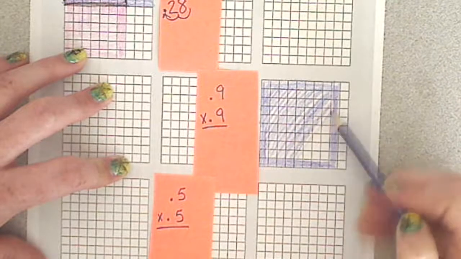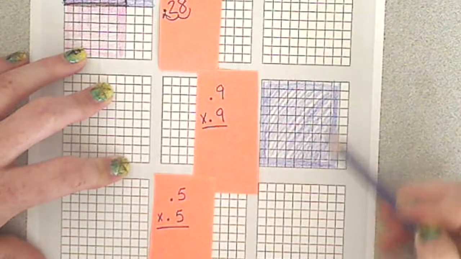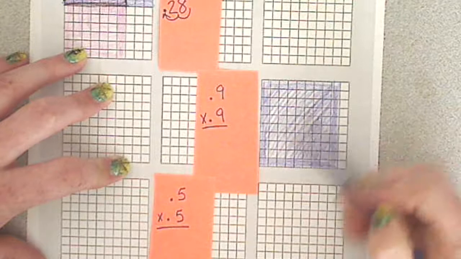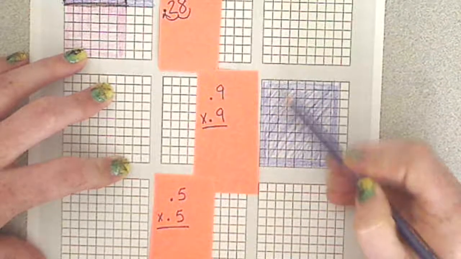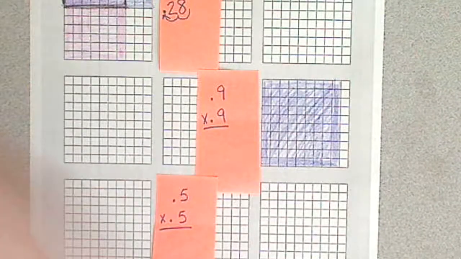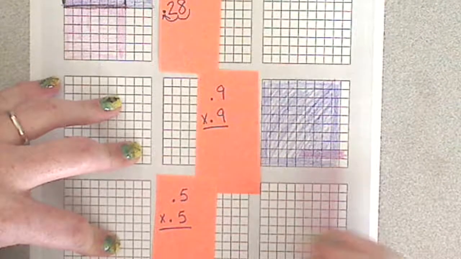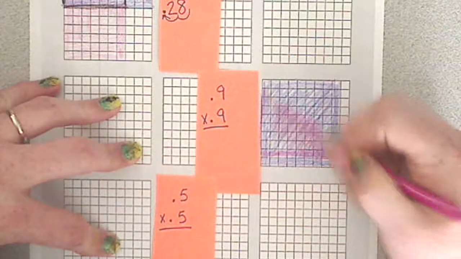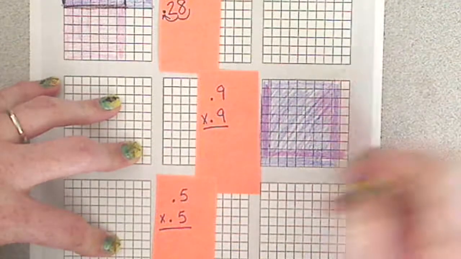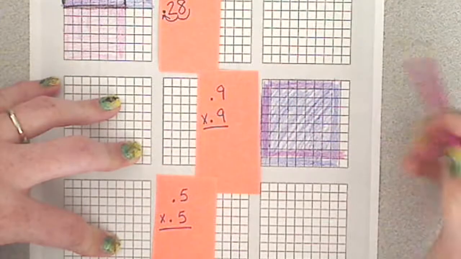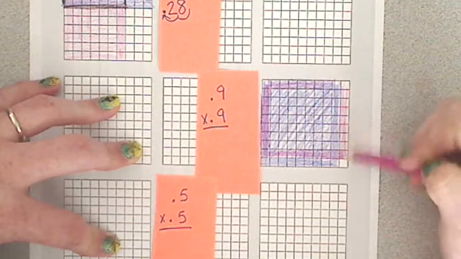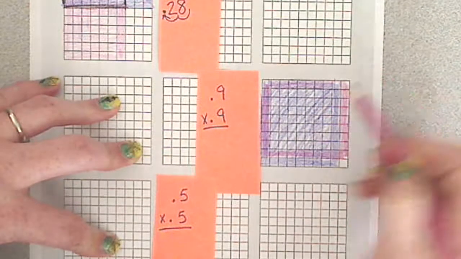I literally just need it for the representation, as long as I know I'm coloring the right numbers. So there's 9/10. And then I need to color 9/10 again. Your first factor is always done horizontally. Your second factor is done vertically.